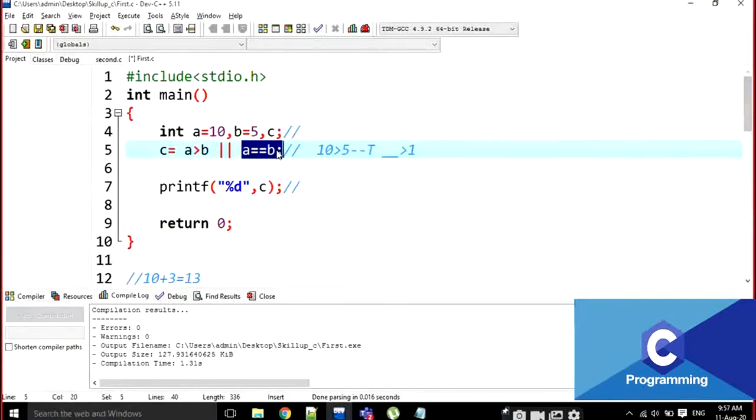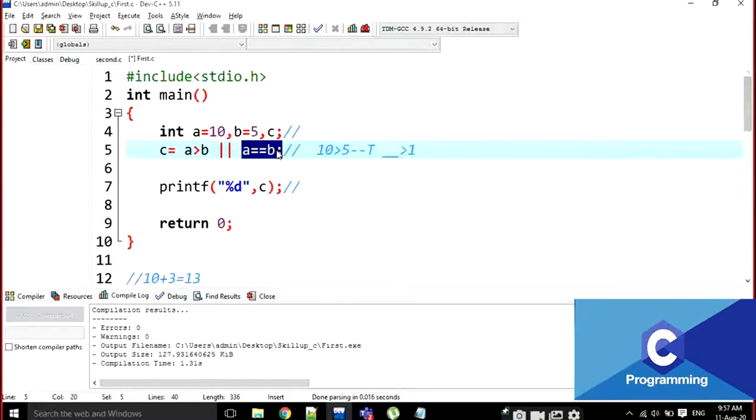Note these two points. In logical OR, if any statement is true, the control never reaches the next statement.